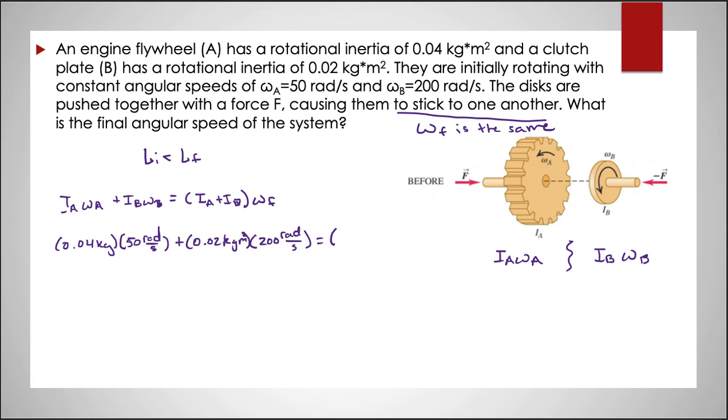And that's going to equal the sum of these two, 0.06 kilogram meters squared, all I did was add them, times omega final. And if you take a second to solve it, you should see omega final is going to work out to be 100 radians per second.